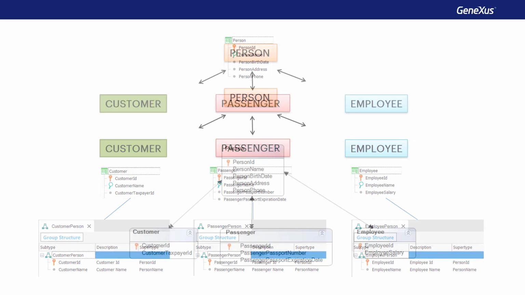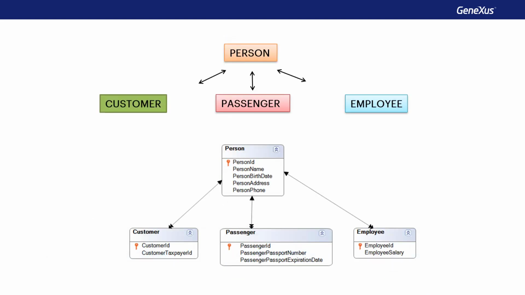By doing this, the attributes customer ID, passenger ID, and employee ID, besides being the identifiers of the customer, passenger, and employee tables, respectively, and therefore their primary keys, will also be foreign keys of the person table. In this case, Genexus will control the consistency of the data.